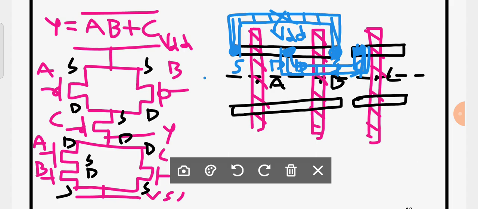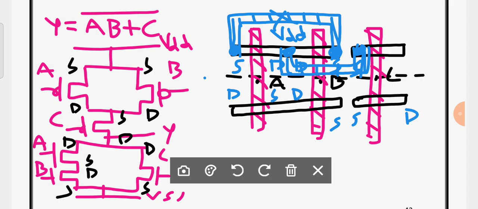Now you talk about NMOS. I already said that in series, take whatever you are having, drain, source, then it becomes drain, it becomes source. Now if you observe in NMOS, let it be source, let it be drain. I hope that is clear.